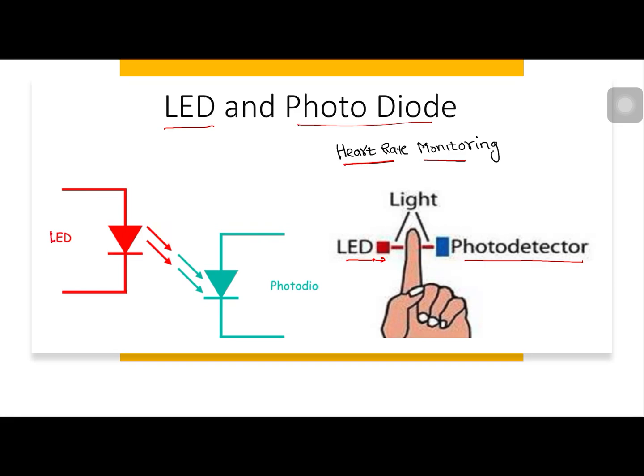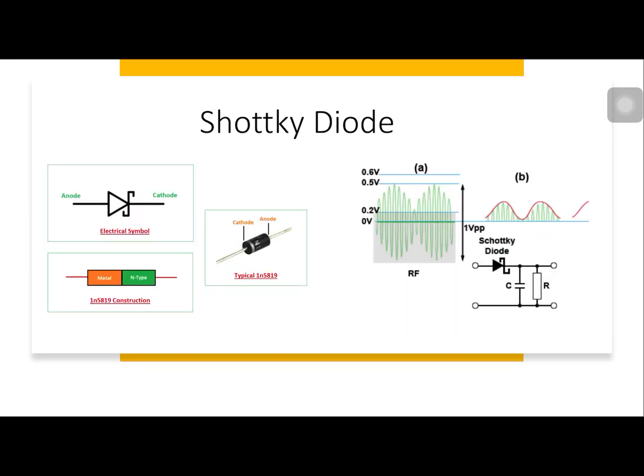So based upon the amount of light received at the photodetector, it will generate current, and that current can be further processed to determine the heart rate. This is the basic principle. This pair can also be used in optical fiber communication and other systems.